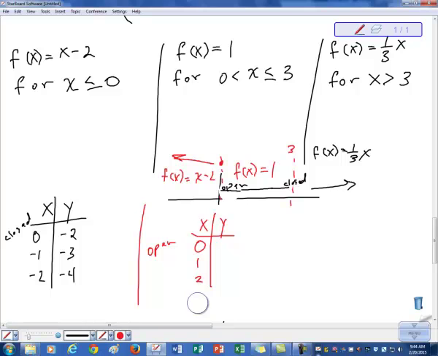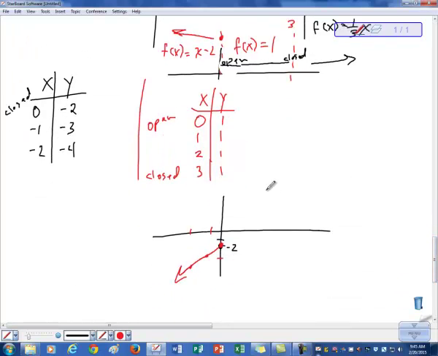So no matter what x is, y is always going to be what? Y is always going to be 1. So this will be 1, 1, 1, 1. And so it's open at 0, but what do you think is going to happen at 3? Is it going to be open or closed? You should have said it's going to be closed because x is less than or equal to. So that's closed.